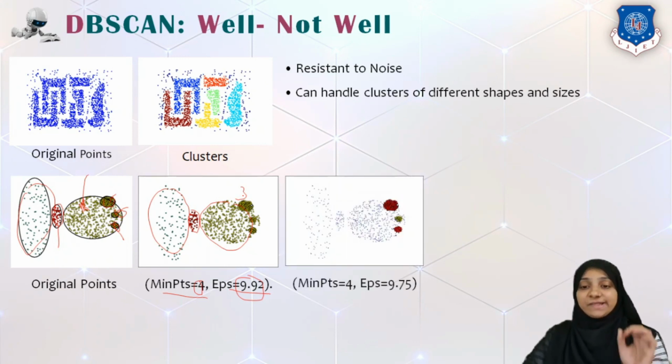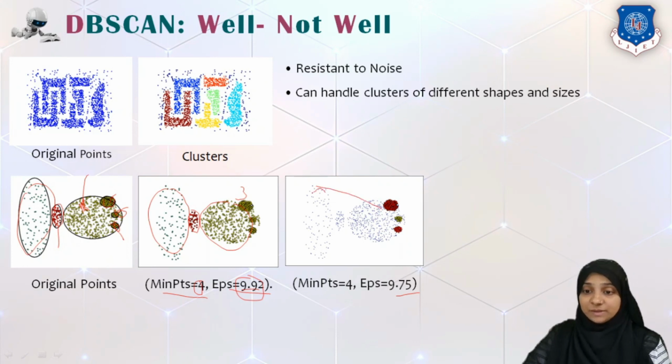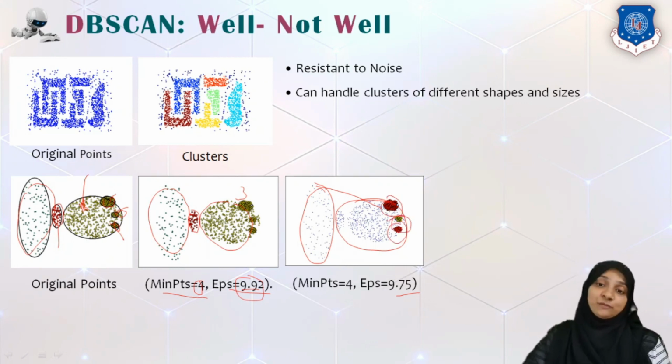If I change the epsilon value slightly from 9.92 to 9.75, our output will be: this is our first cluster, this is our second cluster, these two are our third cluster, and this is our fourth cluster.